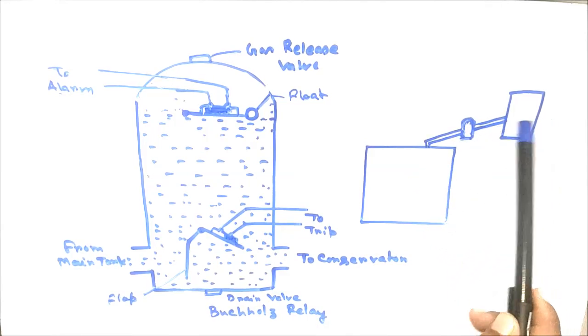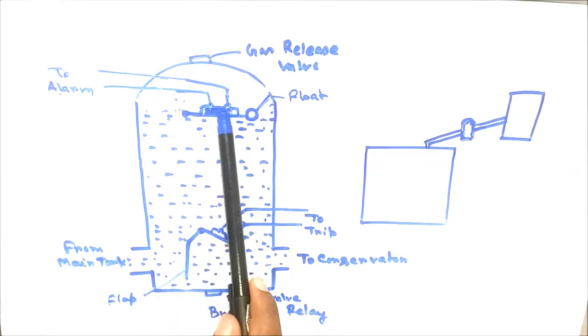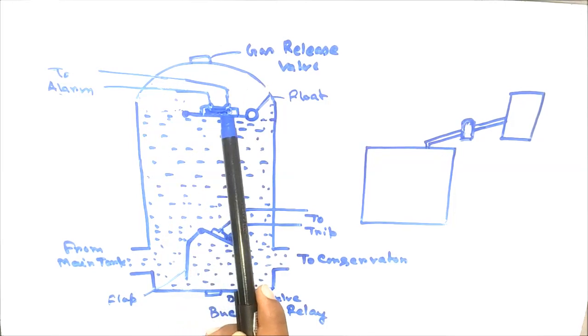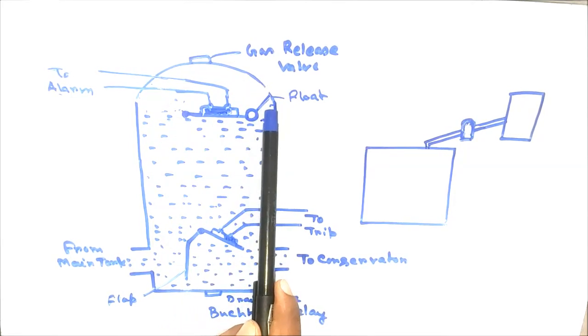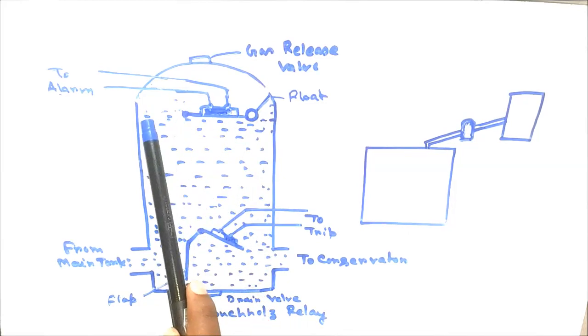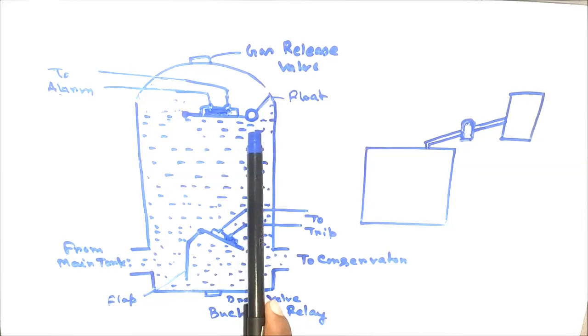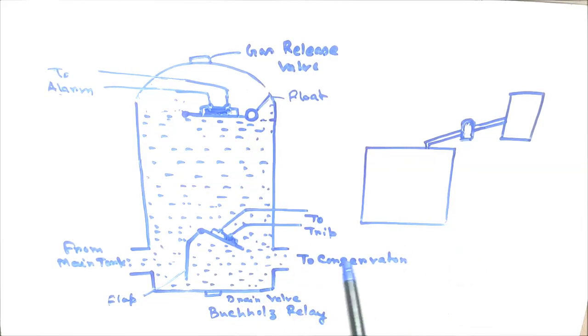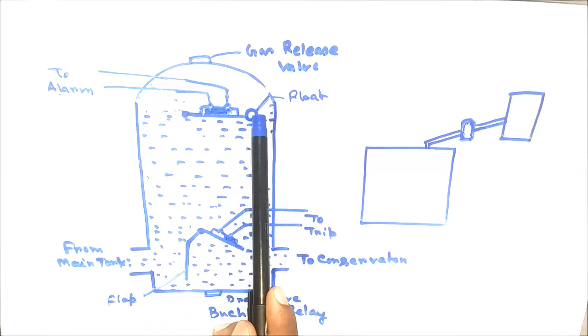These hydrocarbon gases in the main tank are lighter in weight and will try to escape from the main tank to the conservator tank. When these gases pass from the transformer main tank and flow towards the transformer conservator tank, some of the gases will be trapped in the upper portion of the Buchholz relay, and since these gases are lighter in weight compared to the oil, the oil level in the upper portion of the Buchholz relay will decrease, and some of the oil flows towards the conservator tank, and these gases will fill up the upper portion of the Buchholz relay.